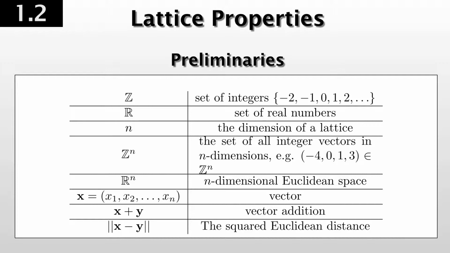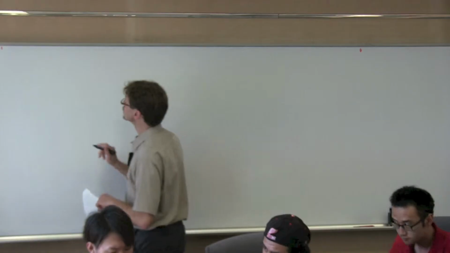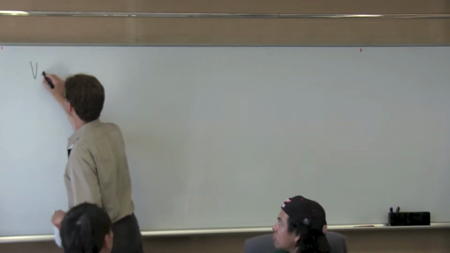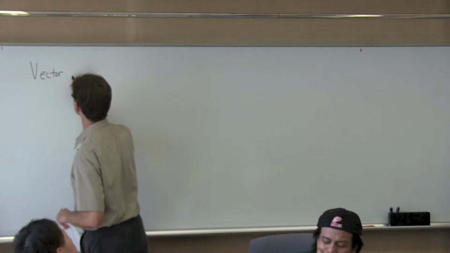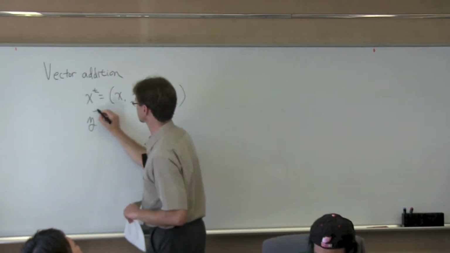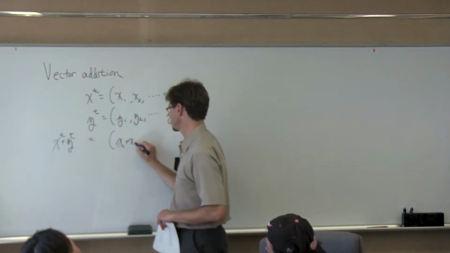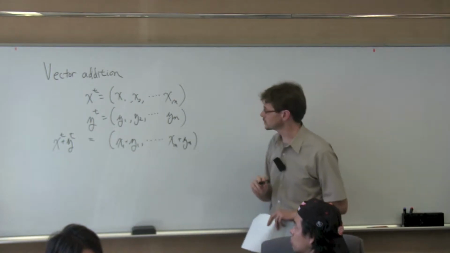x is a vector in boldface, so x1, x2, up to xn. We have usual vector addition, nothing surprising, x plus y, and then this double bar represents the squared Euclidean distance. Again, this is very simple, so we just have vector addition, x1 plus y1, up to xn plus yn.